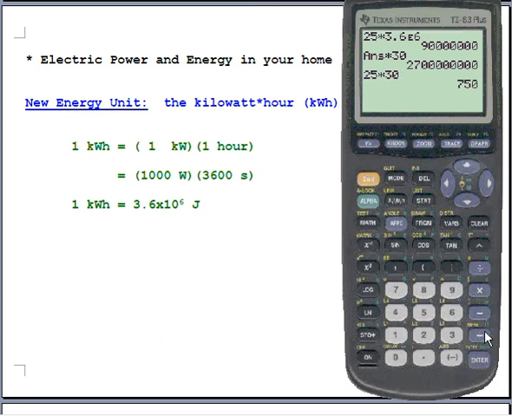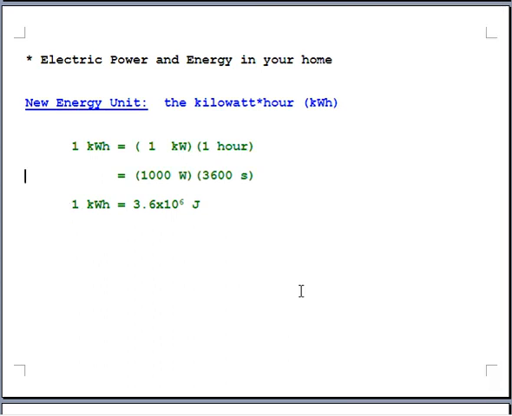Oh, look at that. You use 750 kilowatt hours. And people look at the number 750 and they go, oh, I get it. I feel good about that number. It makes sense. It's not so big that it's scary. It's not in some confusing scientific notation. So that's, I think, the reason why we use this unit of kilowatt hours. It just makes it easier for simpler people out there.